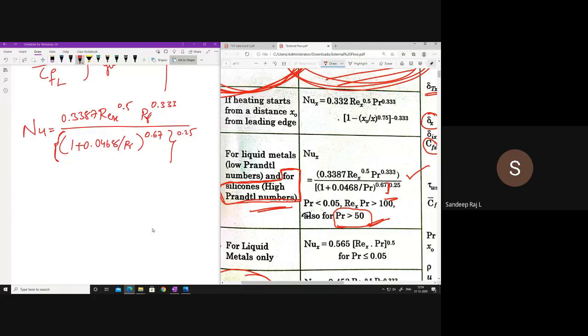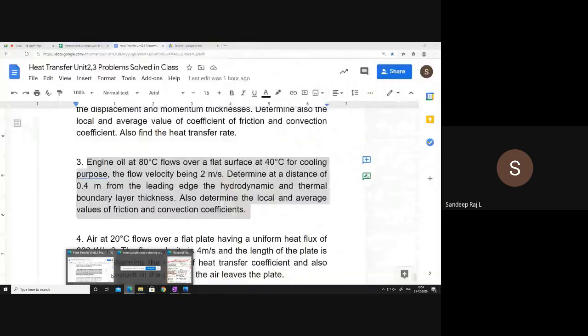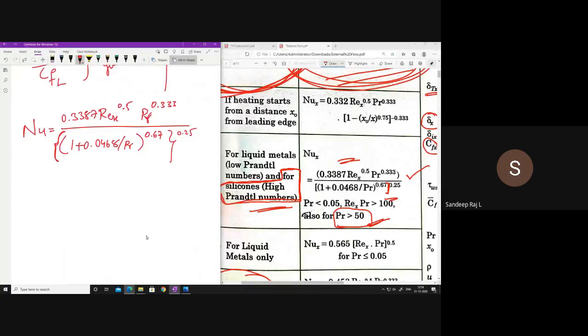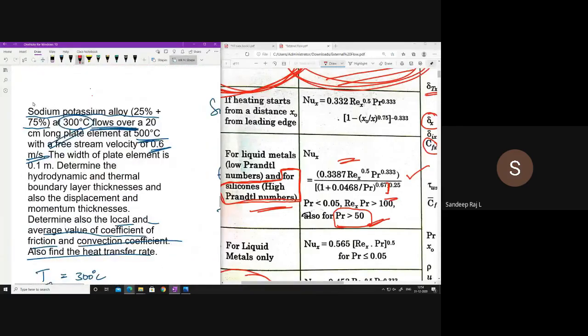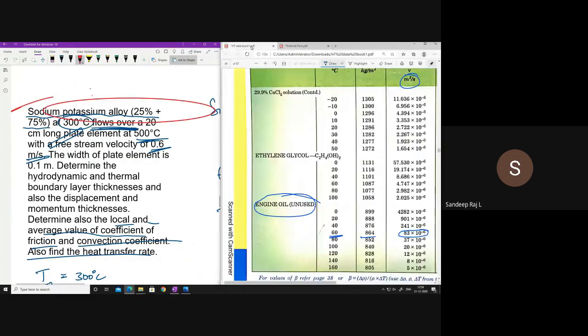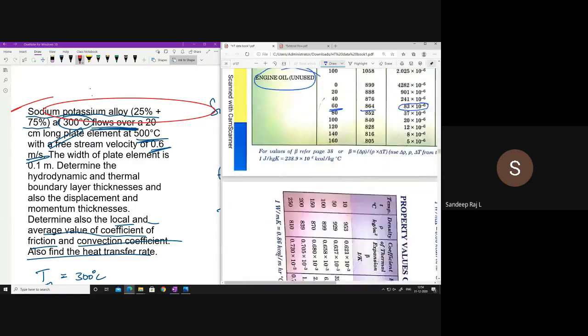See, in the previous problem that we have seen, even for that you can use this particular formula. Why can this formula be used there? Let me move to the problem. See, in the problem, what is given is sodium potassium alloy. What is sodium potassium alloy? This sodium potassium alloy is actually a liquid metal.